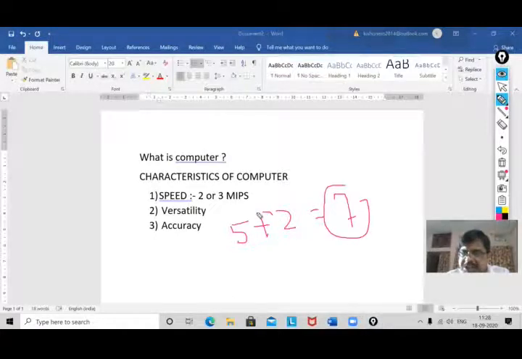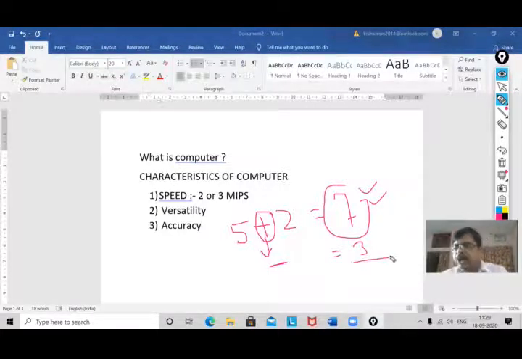But suppose instead of plus, I made a mistake. What did I do? Minus. So will you get 7? No, this will give you 3, because the instruction that was given to the computer was wrong. That is why the computer has given 3.